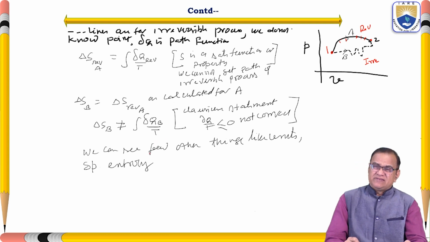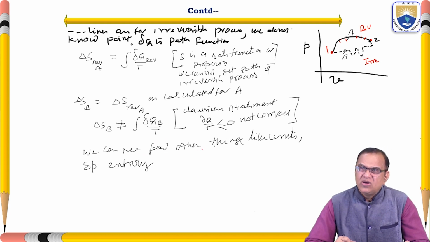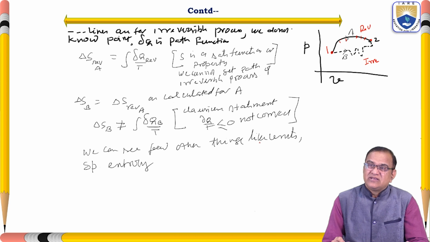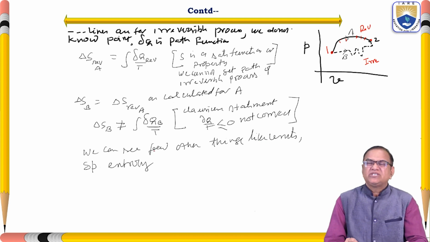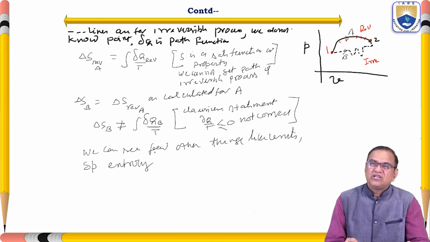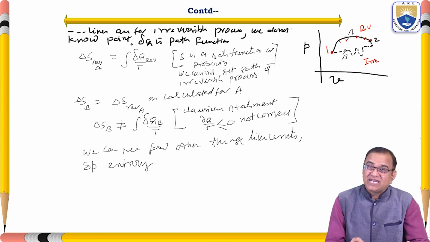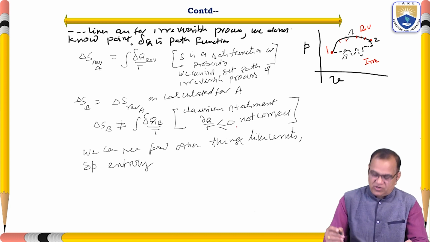But delta S is equal to delta Q reversible by T of the reversible cycle, and not delta QB by T, as the cyclic integral of Q by T is less than or equal to 0.